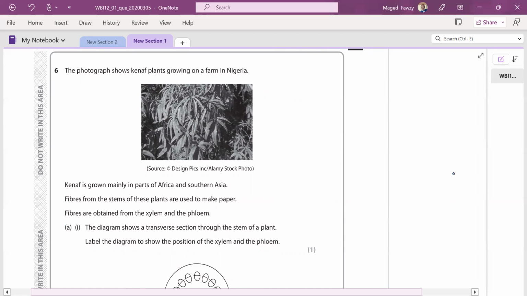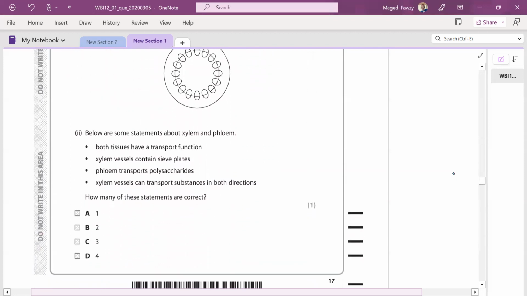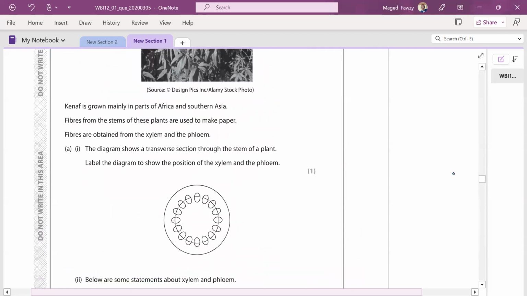Let's see this question now. I want you to label the xylem and the phloem. And this should be the phloem.